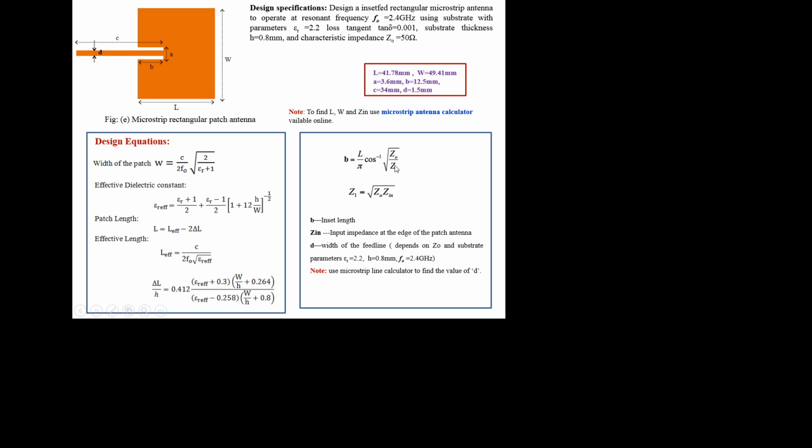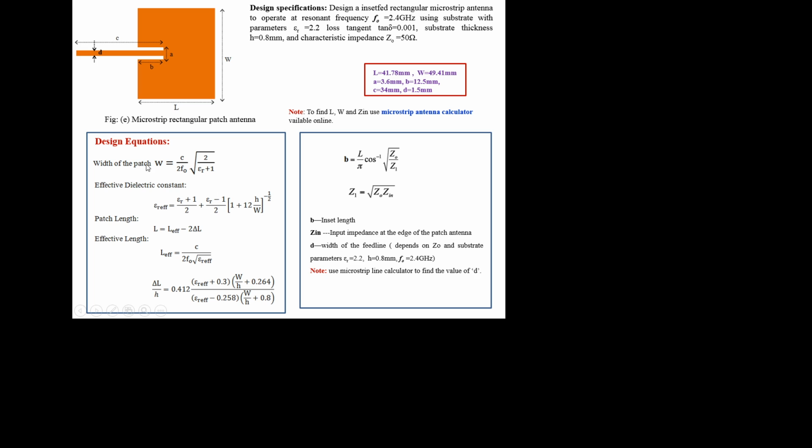So this is a design equation for b, and this d value you can get from the microstrip line calculator. Use the microstrip line calculator to find the value of d. This you already did in previous experiments to find the width of the line in the line resonator and ring resonator.